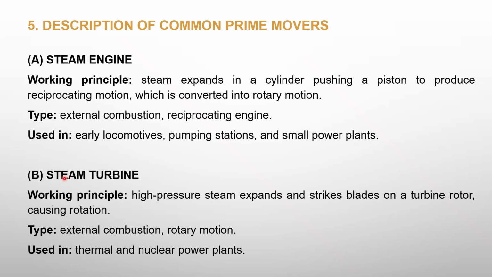Now if we talk about the second part, steam turbine, then what we will observe is high pressure steam that expands and strikes the rotor of the turbine, creating the rotation. Because of the rotation of the turbine, in nuclear and thermal power plants the mechanical energy is converted into electrical energy.